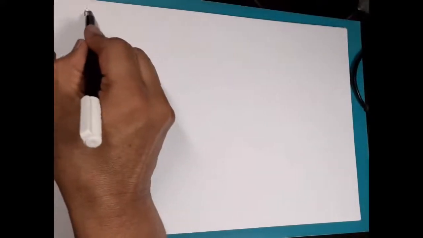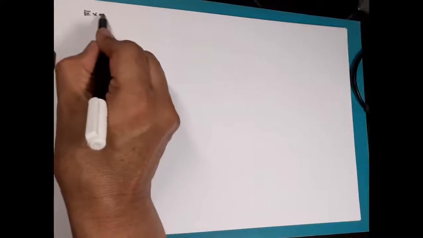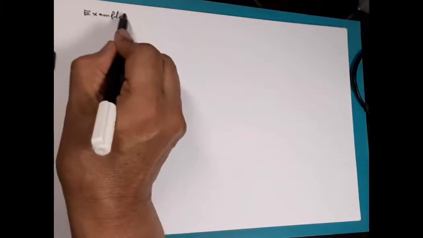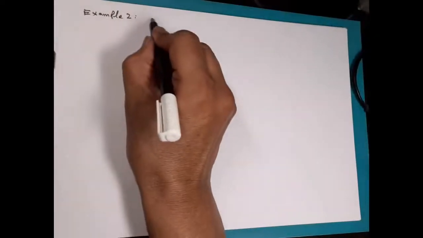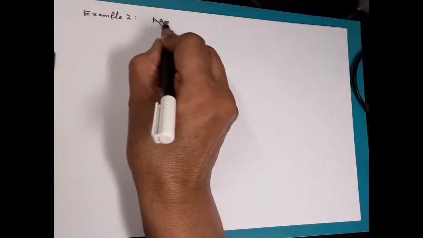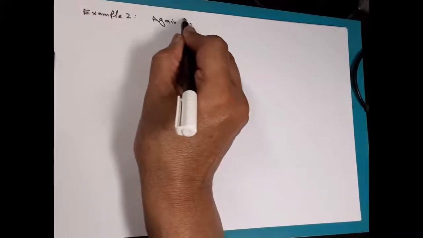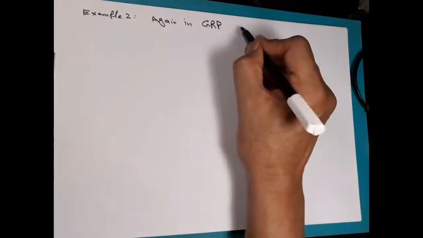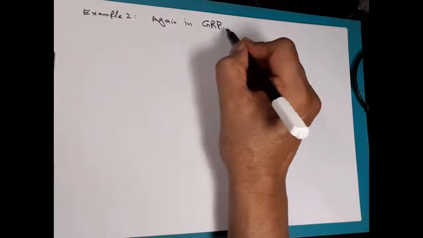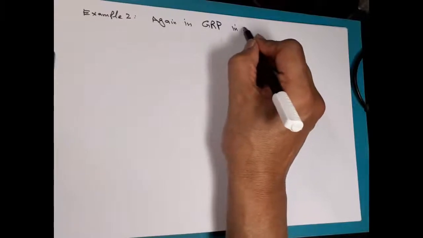So we come to another example. Example 2. We take this example again from the category of groups. Again, in the category of groups and group homomorphisms, we have the following diagram.